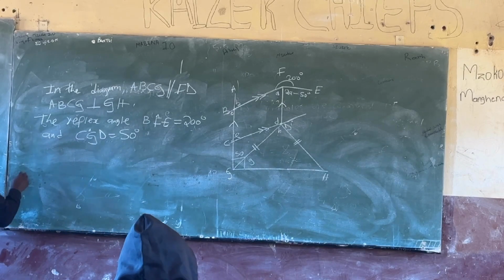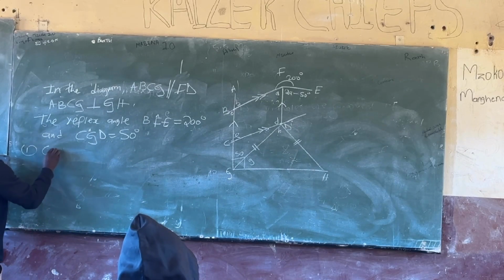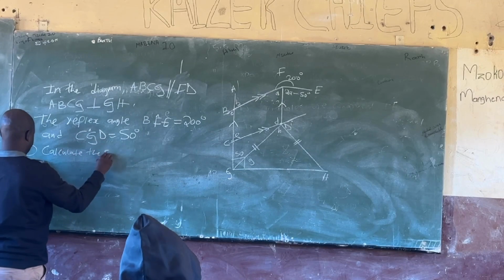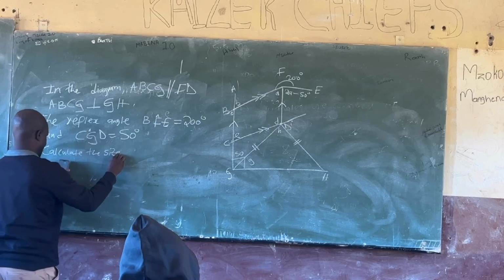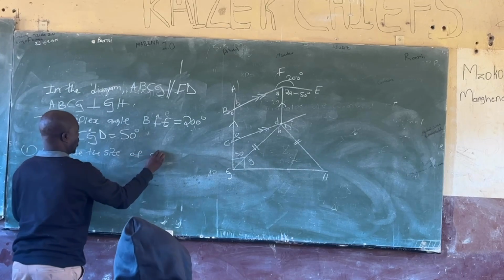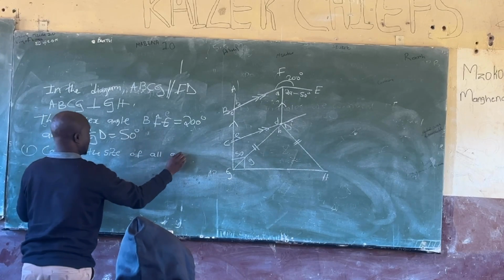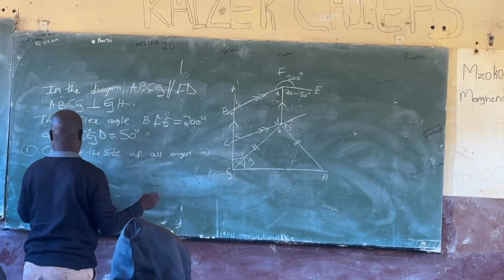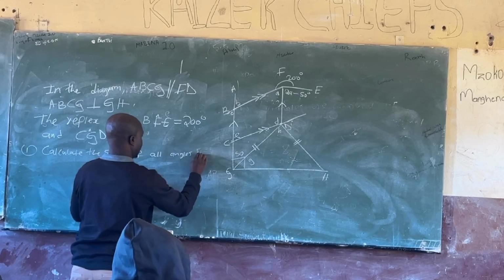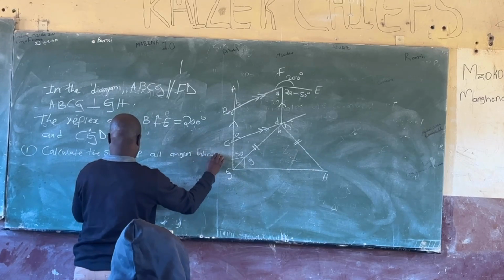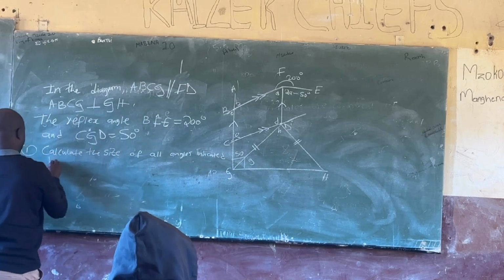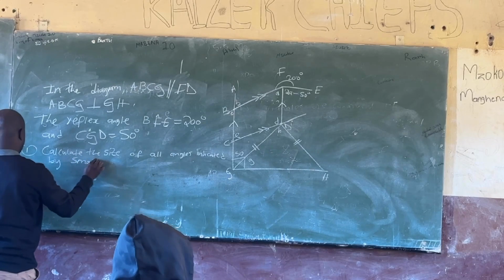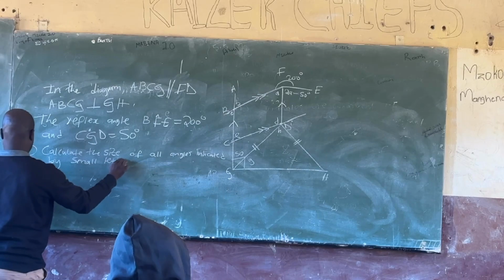So the first question: calculate the size of all angles indicated by small letters.